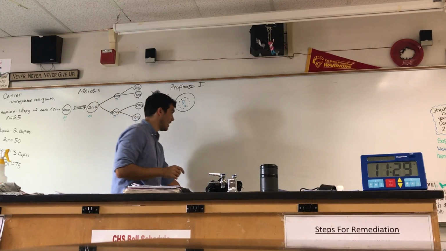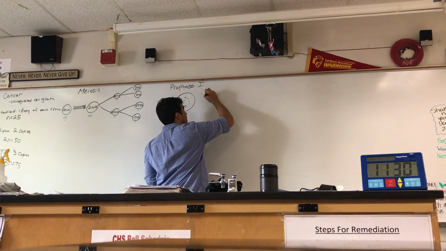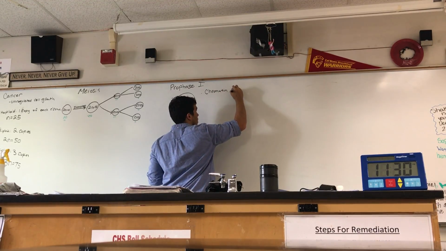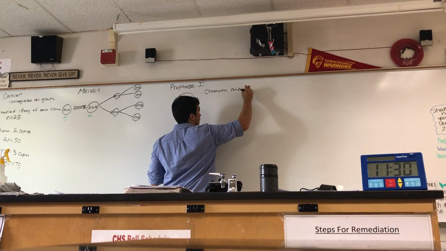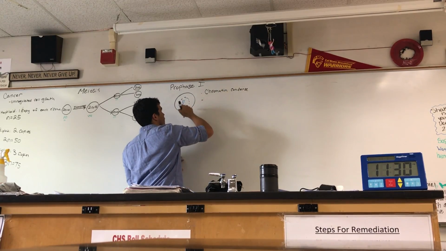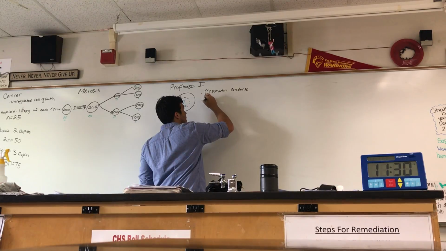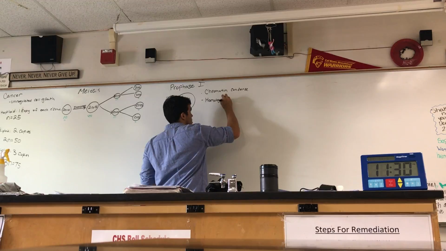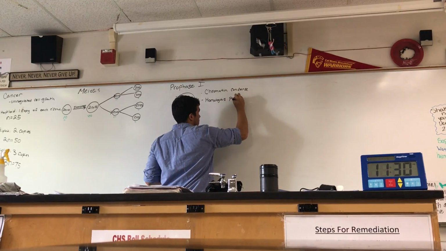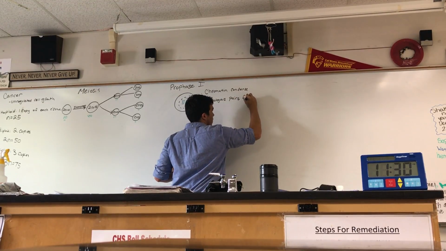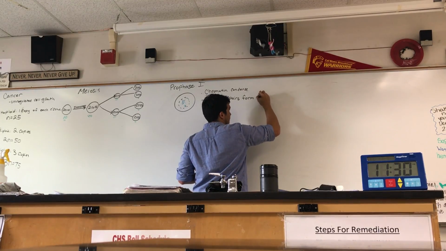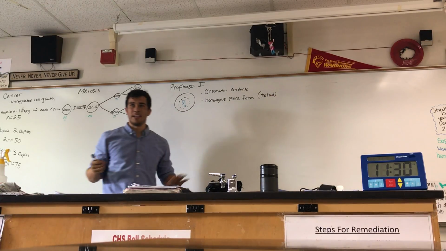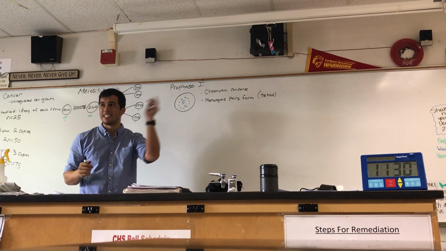Okay, they're in tetrad. So in this stage, chromatin condenses, and it's going to condense to form these chromosomes. Homologous pairs. These homologous pairs form, and this is called a tetrad. The process of this forming is called synapsis.